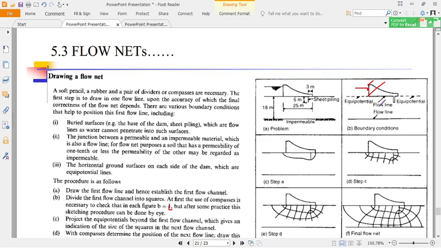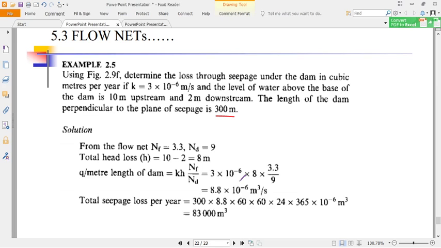So if you can come here. The first thing is our formula: Q, per meter length of the dam, is equal to KH times NF over ND, where NF is the number of flow lines and ND is the number of equipotential drops. How do you count the number of flow lines? It's an approximation.